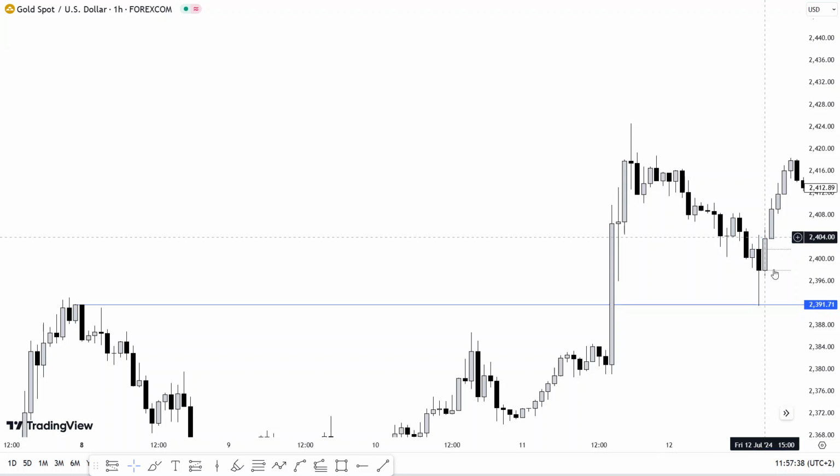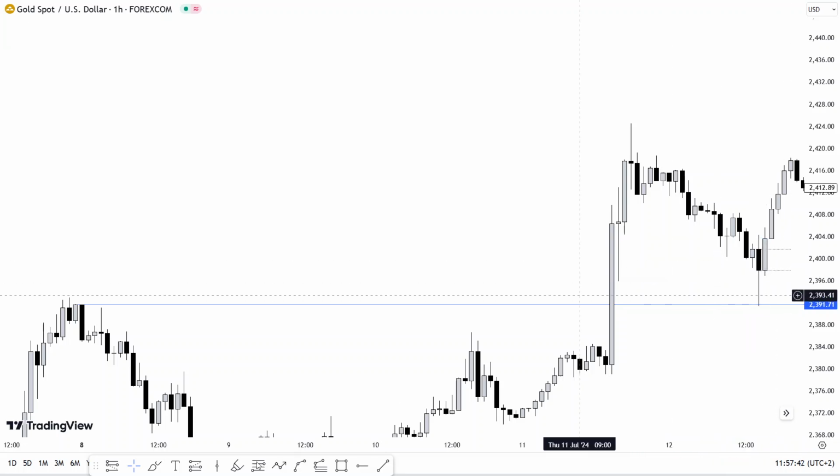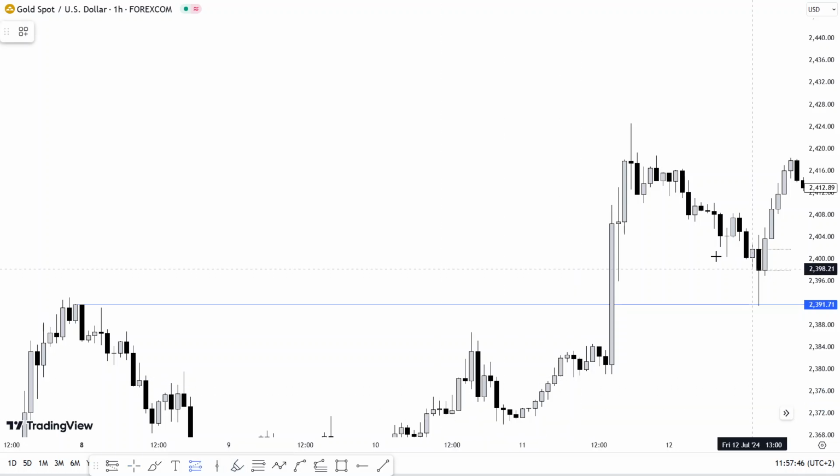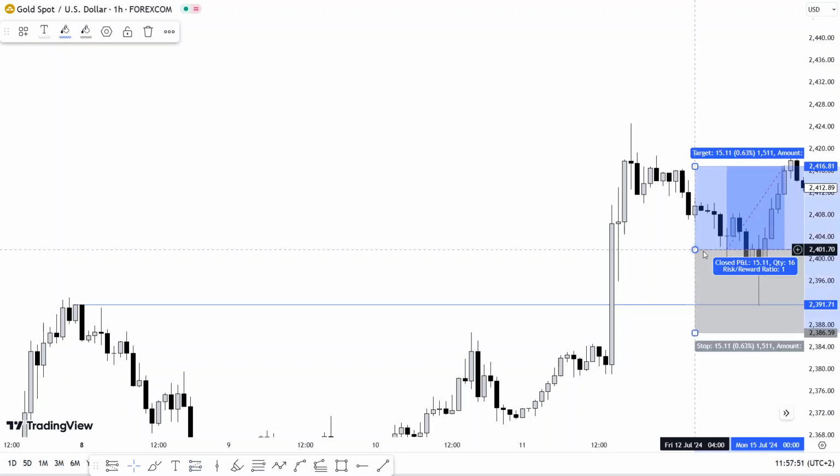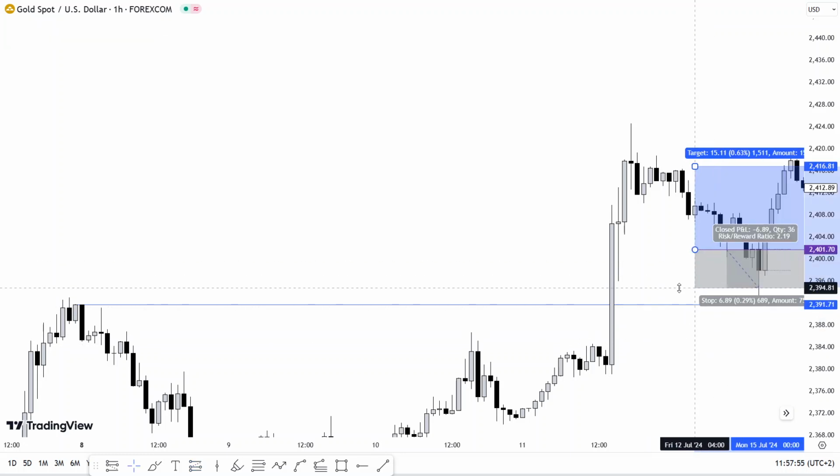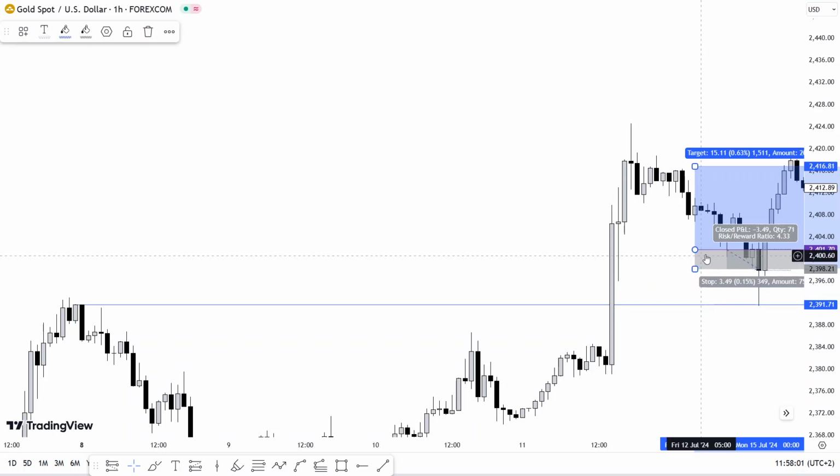And then my first entry would be like this. I'm not going to explain much. I'm just showing you where to enter and not everything to look for. 30 pip stop loss, as you know, but let's just use 35 pips.